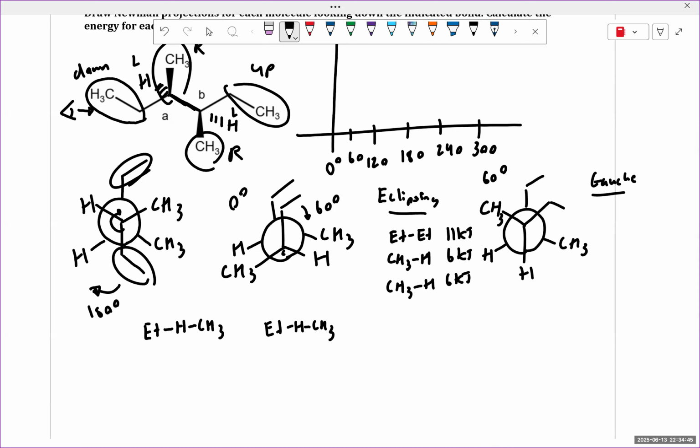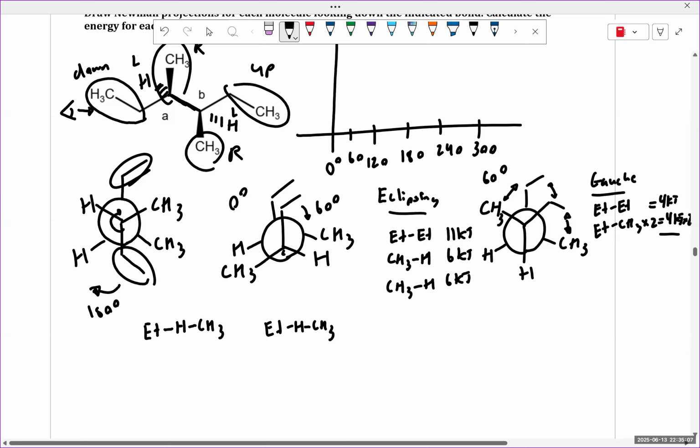So in terms of the gauche interactions, we have an ethyl-ethyl, and we have an ethyl-methyl, and we have two of those. The ethyl-ethyl is about 4 kilojoules, ethyl-methyl about 4 kilojoules times 2. So in total, we have 4 plus 8, which is 12 kilojoules of strain, compared to about 23 kilojoules of strain in our 0-degree fully eclipsed structure.